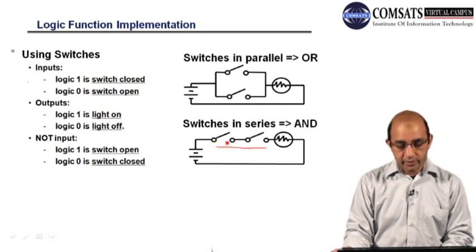You can see that we have two switches: this is switch A and this is switch B. The light will go on when we have both of these switches on, so it means 1 and 1. If you think about the statement, the light will go on when switch A and switch B are closed. If one of these switches is open, then this light will not turn on.